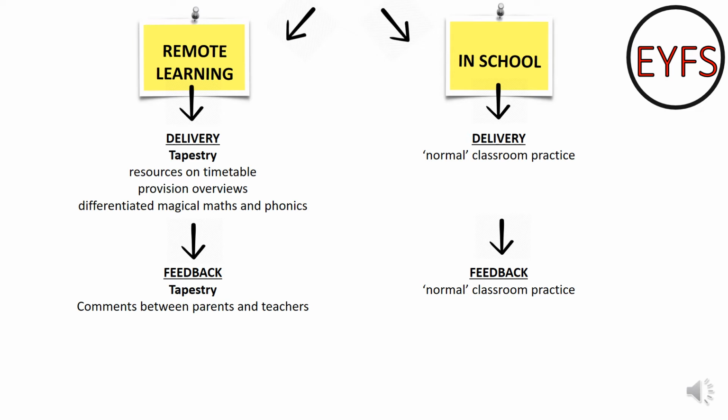And in school we would continue to do the normal classroom delivery, putting all of our resources on Tapestry, but also doing the normal feedback within the classroom practice, but also through Tapestry.